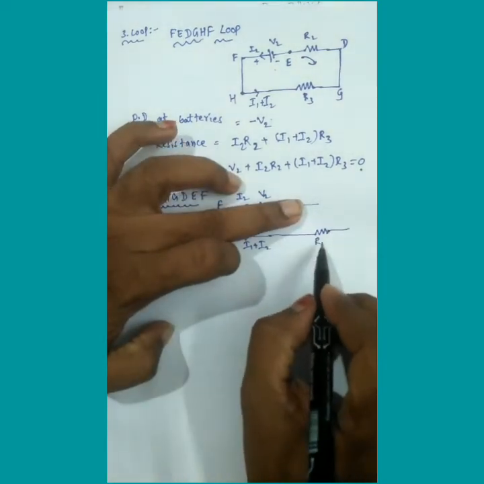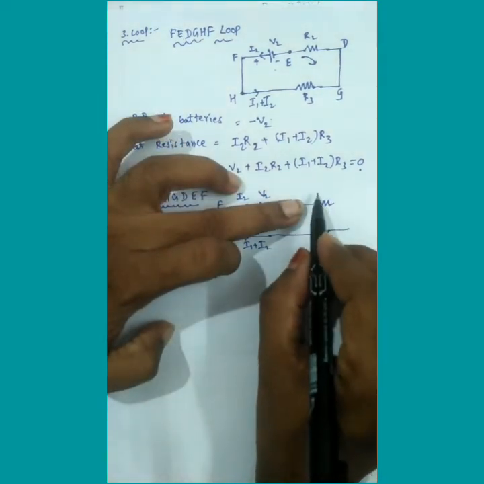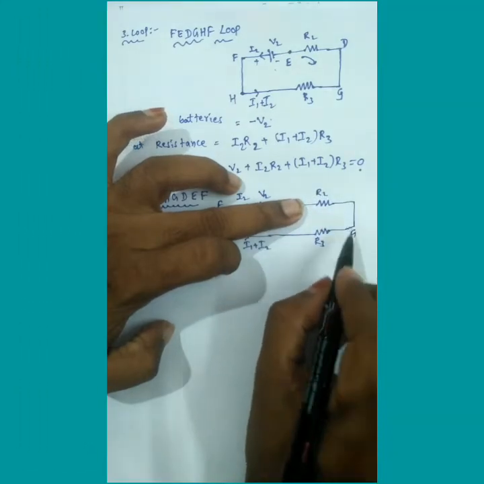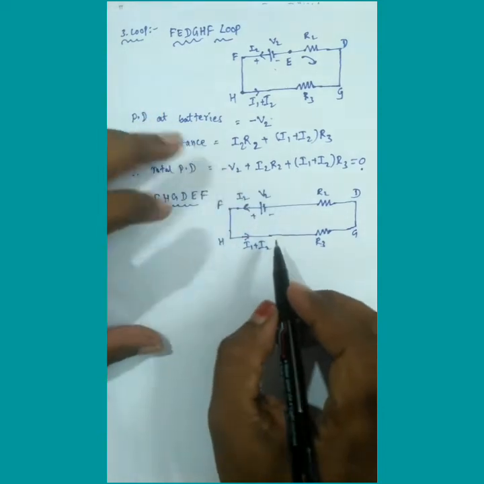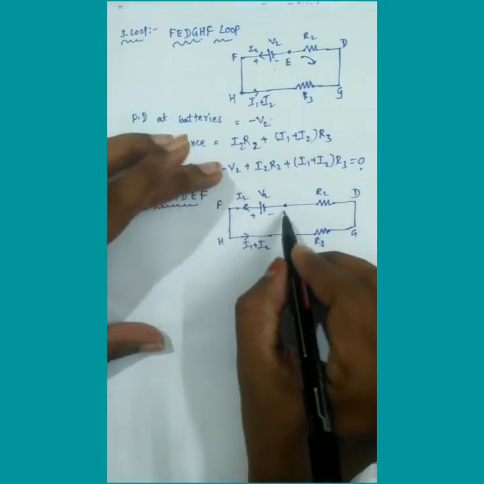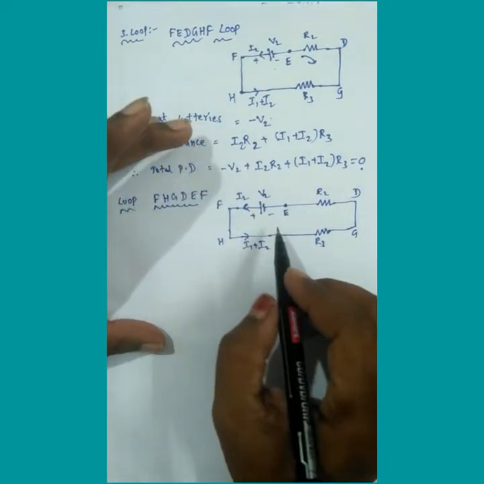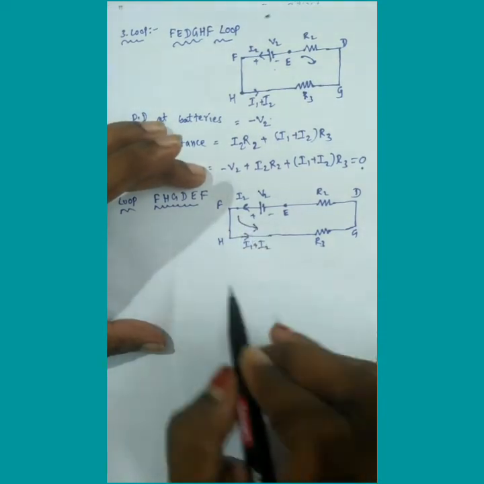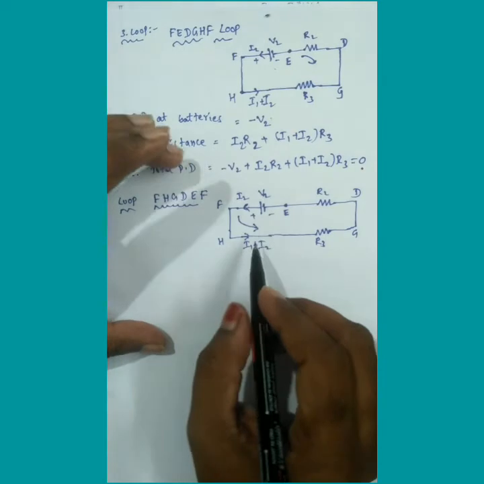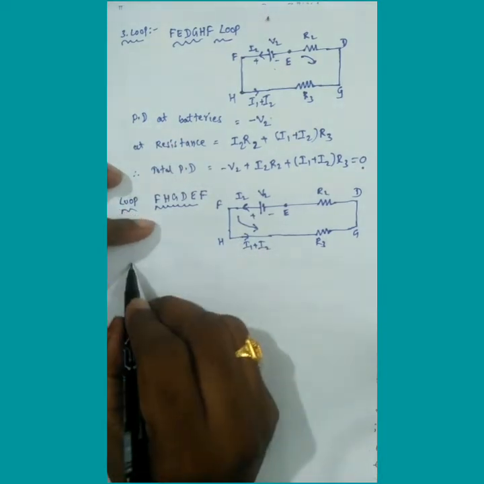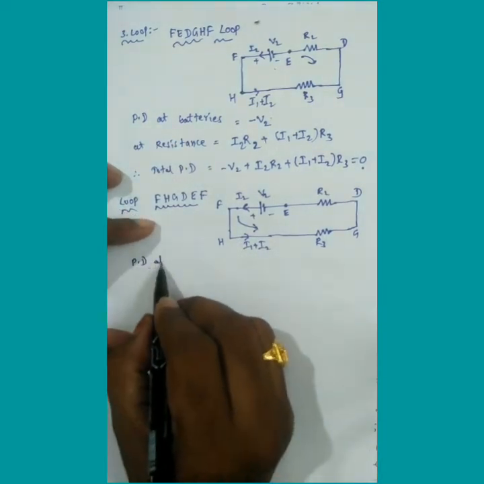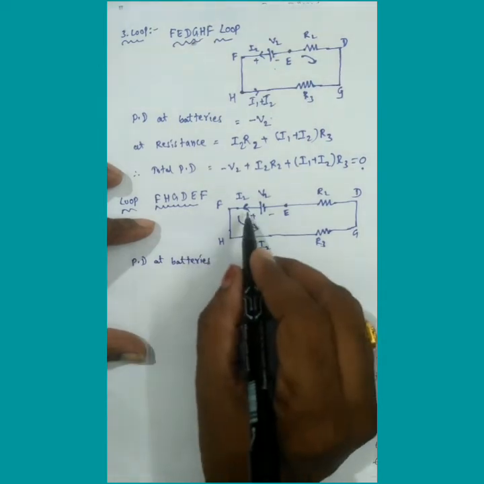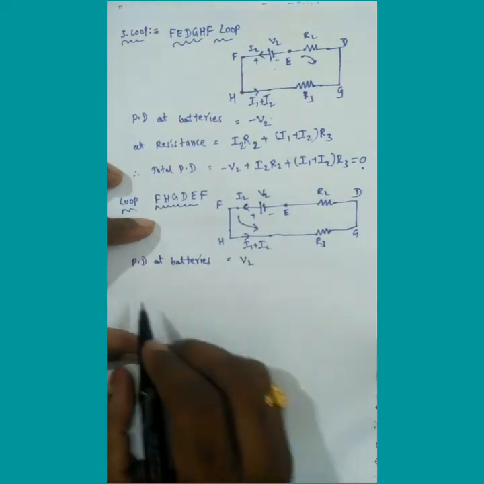This is R3 and this is the second resistor, R2, and these points we are calling G and D. This point we are calling E. Now we are applying the loop law along this anti-clockwise direction. Here the potential difference at batteries, in the same direction, is V2 only.